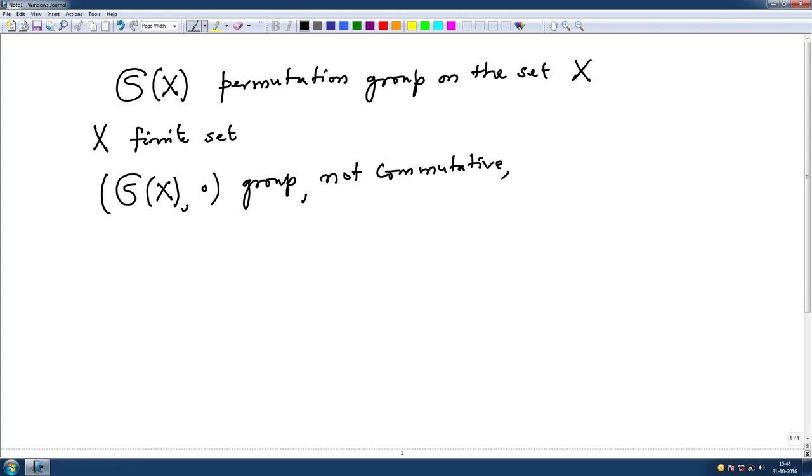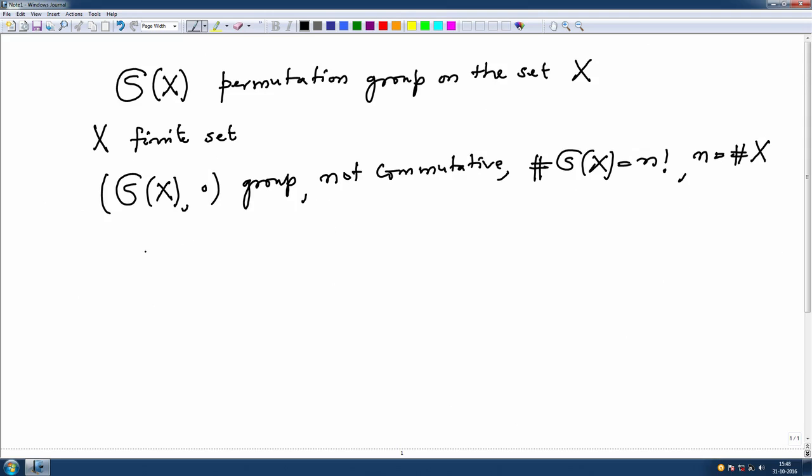Also we know the order of this group: the cardinality of Sx is n factorial, where n is the cardinality of X. We have also seen that this group does not depend on X, but only on the cardinality of X.